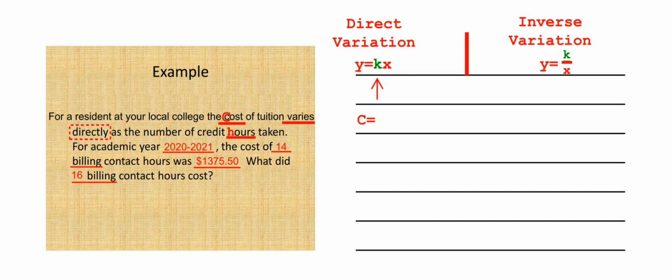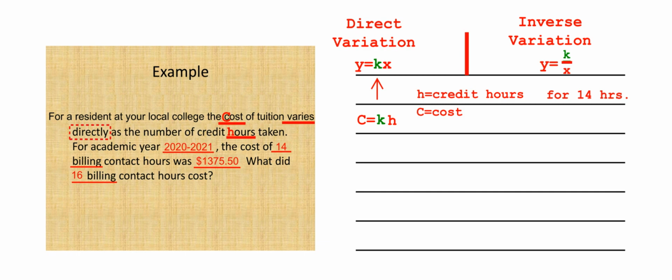So C is the cost and H is the hours you're taking. So C equals k times H. There's your y and x representative, in this case the C and the H. H is the credit hours and C is the cost, the total cost of the amount of credits you're taking.